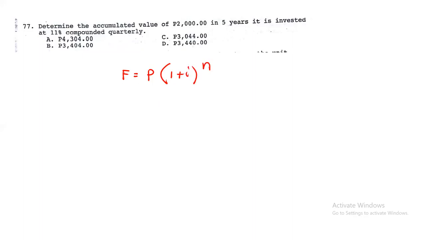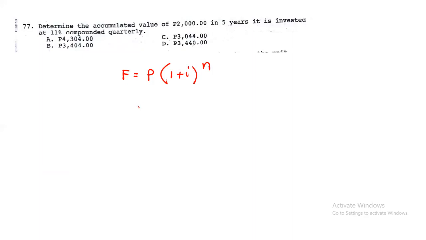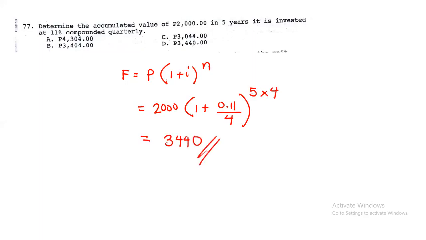Present yung 2,000, so 2,000 times (1 plus 0.11 divided by 4). Wag nyo kalimutan since compounded siya, divide yan. Raised to N, 5 years times 4. Sagot dito is 3,440. Letter D.